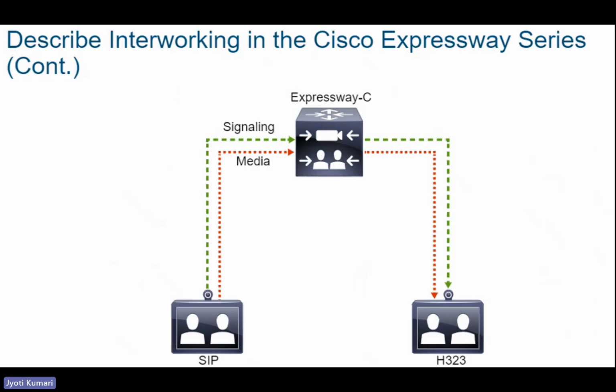Then we have signaling and media, which is being used. We just discussed some modes. When Expressway interworks between these protocols, all the signaling passes through the Expressway in a normal way, except that it is translated into the other protocol and passed on to the receiving device. So with an interworked call, where you have SIP and H.323, two different endpoints, and the signaling and media going through the Expressway, there can be an encryption mechanism which is identical for media between the protocols.